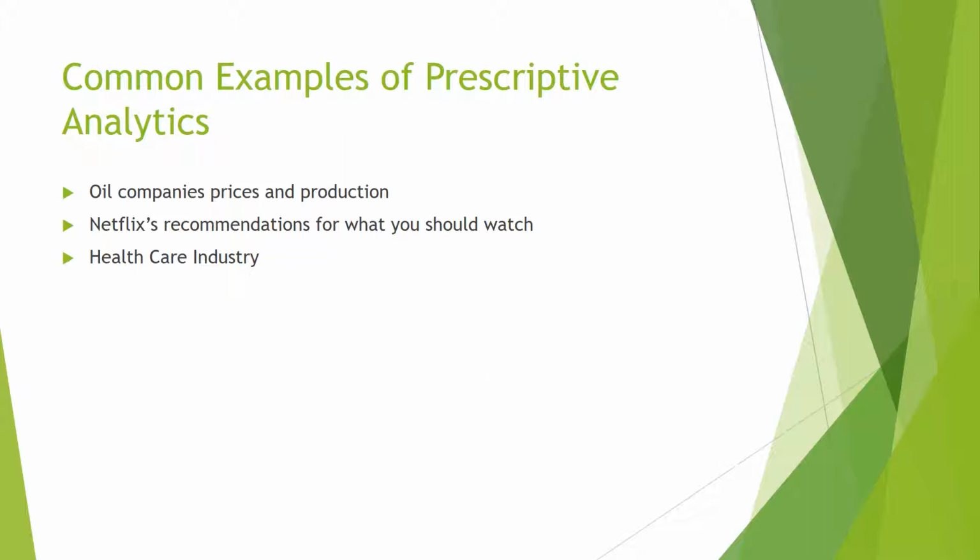How oil companies determine their prices and production for the upcoming years is another such example. And perhaps we're most familiar with Netflix's personalized film and show suggestions. Yet another example of prescriptive modeling at work.